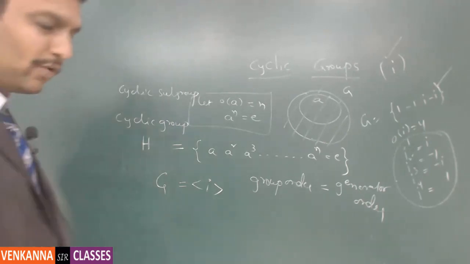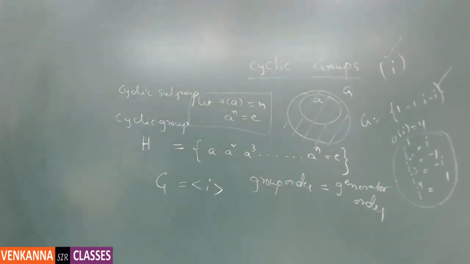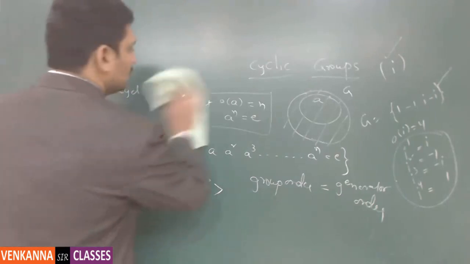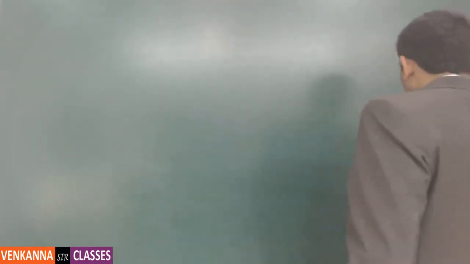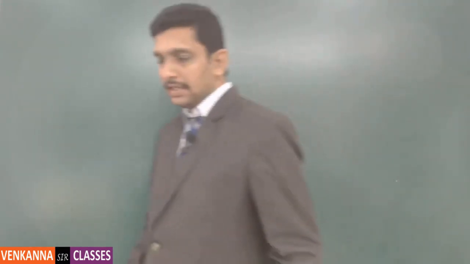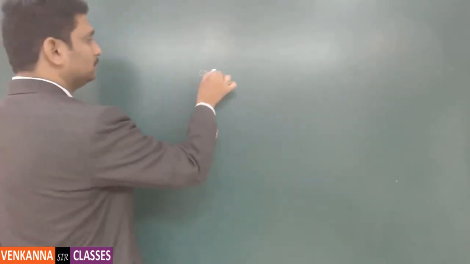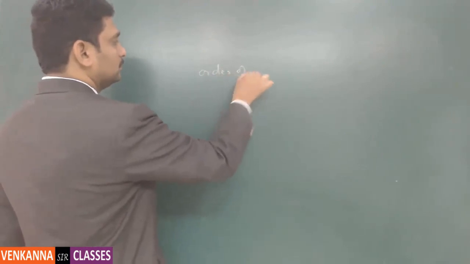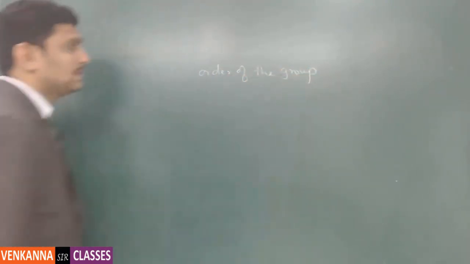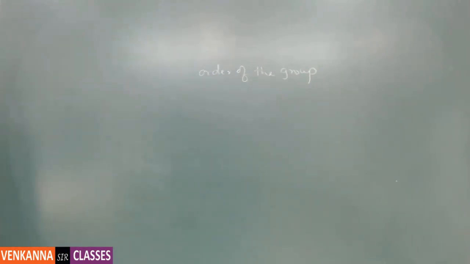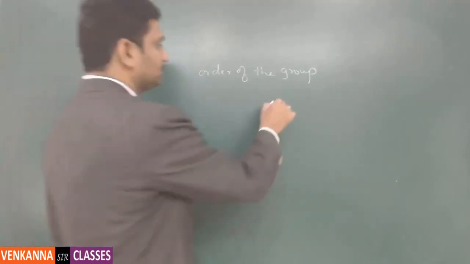Now I say one more thing: based on cyclic groups, so many other results are also framed. Now the question is, if I know the order of the group, then can I calculate how many generators it will have?